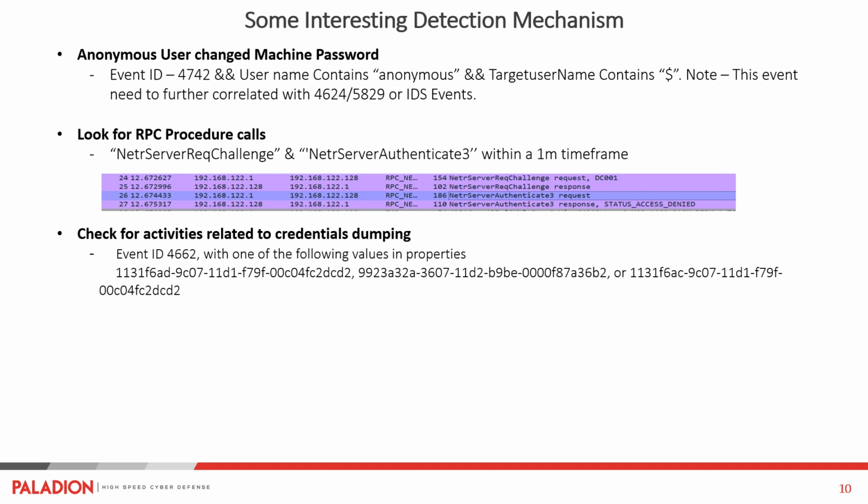These functions, which I've just explained and put as an example on this presentation, are NetrServerReqChallenge and NetrServerAuthenticate, and there's one more function which has been called. If there are too many function calls within a small duration of time, that should be one of the use cases to see a potential insecure RPC request happening at the network layer.